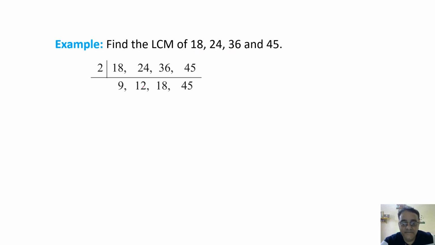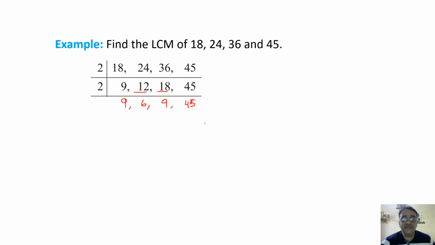Okay, now see, 12 and 18, these two numbers are divisible by 2. So we are going to divide by 2 again. So 9 is not divisible by 2, so we will carry it forward as it is. So 6 and here 9, here 45, because 45 is not divisible by 2, right?